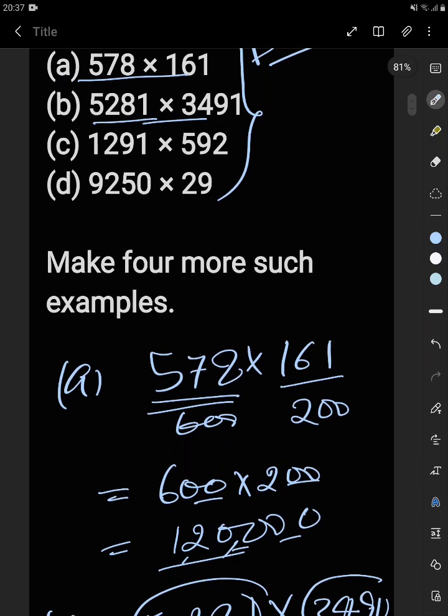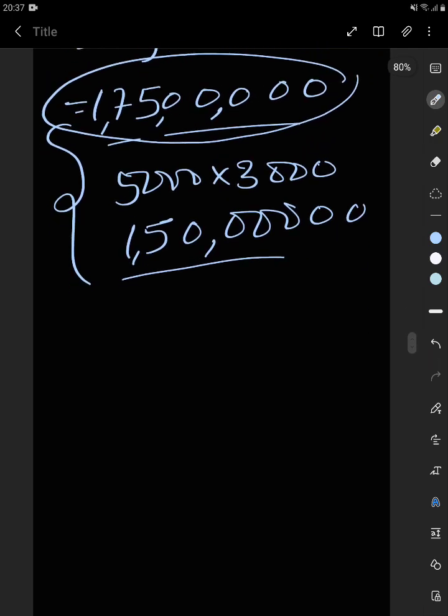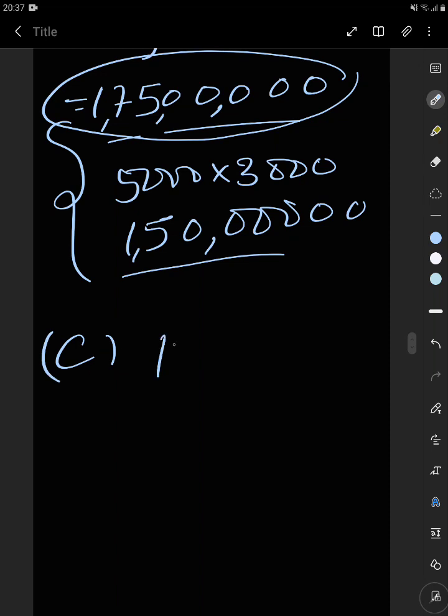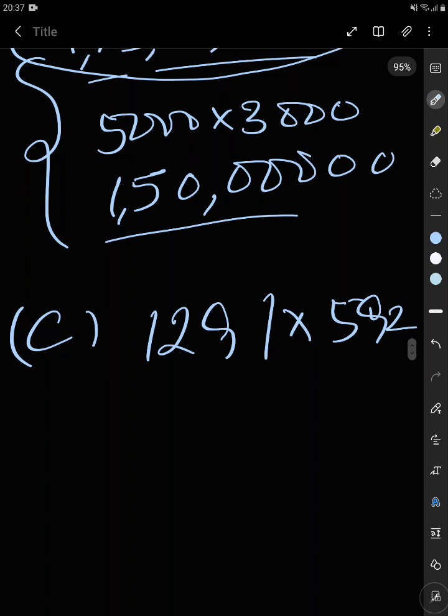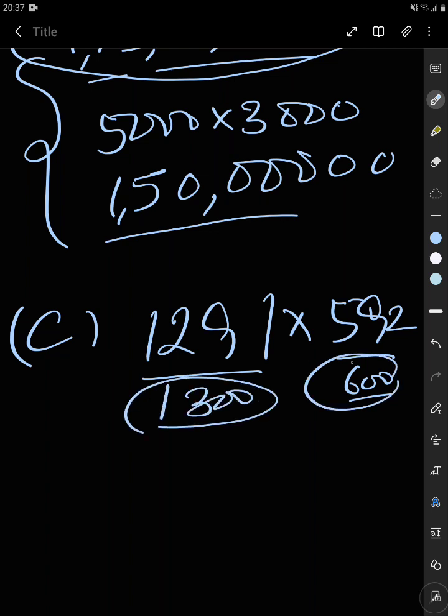The C part is 1291 multiplied by 592. Here we see that 592 is close to 600, so we'll take 600 here, and this number can be taken as 1,300, because it is close to 1,300 after rounding up to the hundreds.